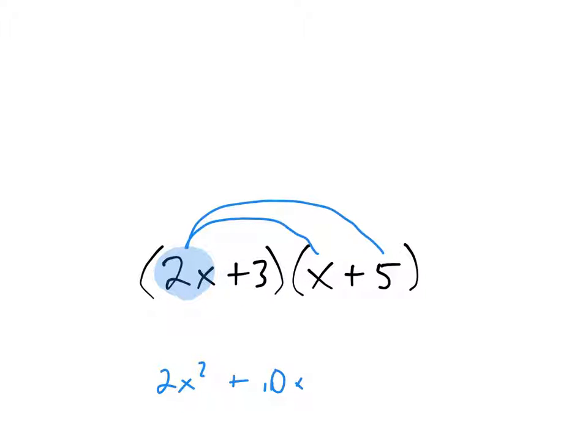Right, so that's distributing once. Then I will also take the 3, and I will distribute it as well. So I'll take the 3 times the x to get 3x, and I'll take the 3 times the 5 to get 15.